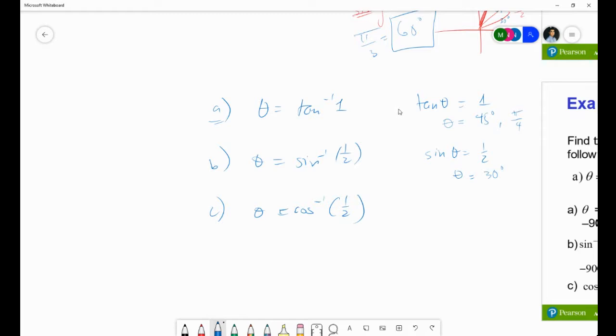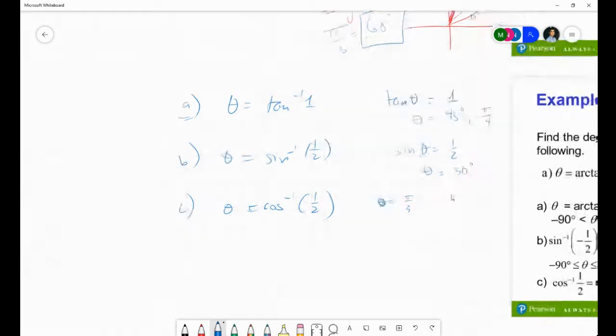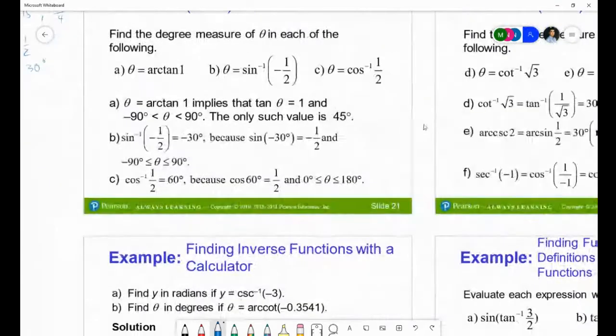Oh, okay, I see what you mean. Yeah, root 2 over 2 is the value of sine and cosine. All right, Nicholas, what about part C? Pi over 3. Very good. Seems like you're the only one that memorized the unit circle. All right, let's continue.